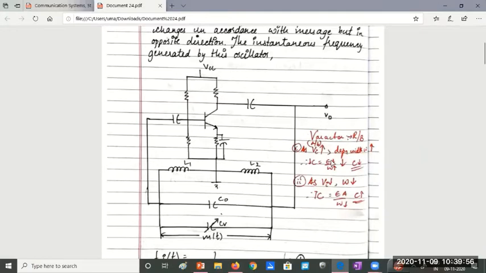So this varactor diode always works in reverse bias. The main property of the varactor diode is that it is going to work under reverse bias condition. So what is that principle? Here, if I apply an input voltage Vi across the varactor in reverse bias, as I am going to increase that reverse bias voltage, what will happen to the depletion width?